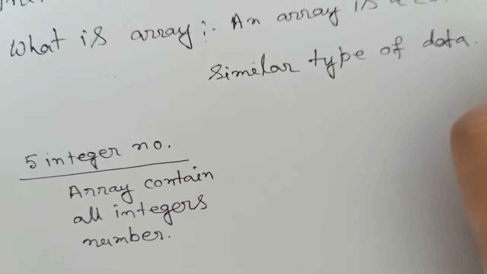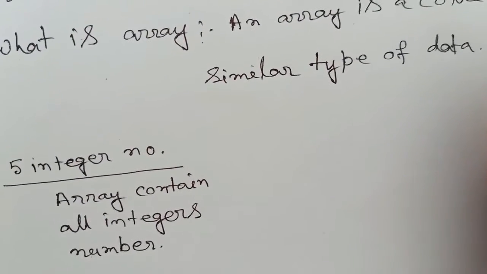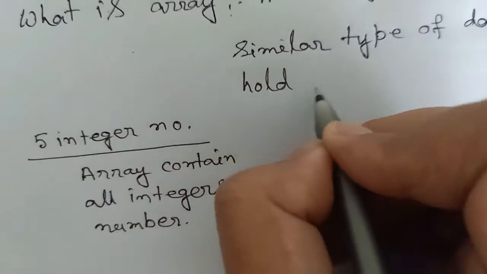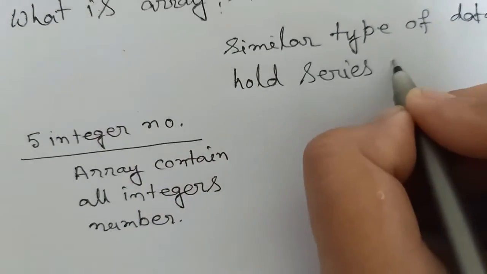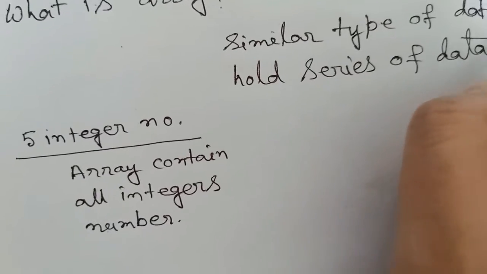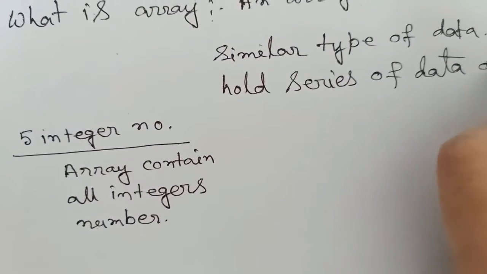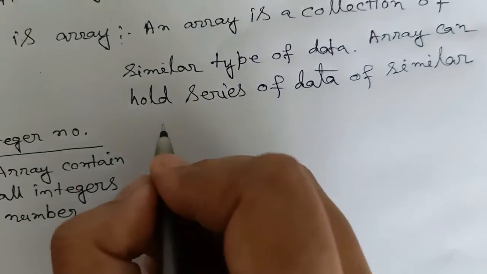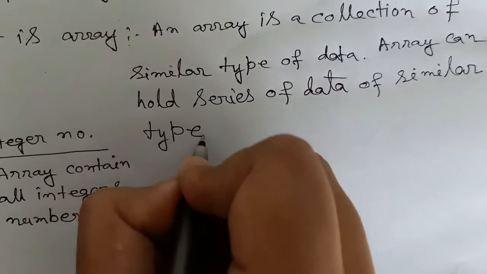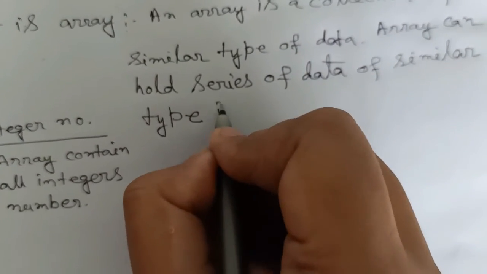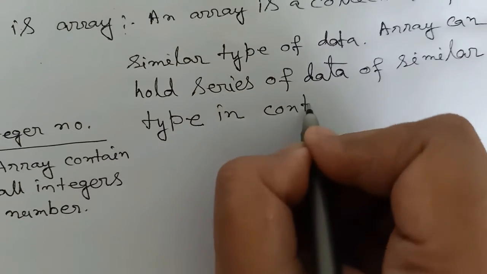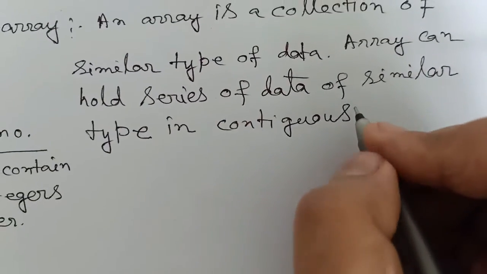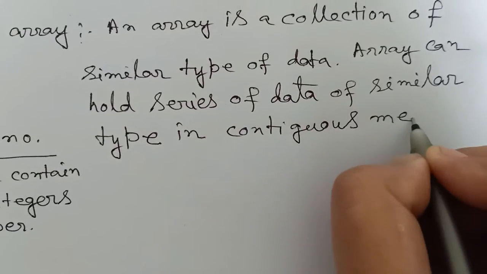An array can hold a series of data of similar type, in a contiguous manner or contiguous memory location.